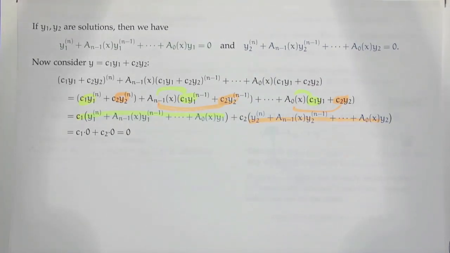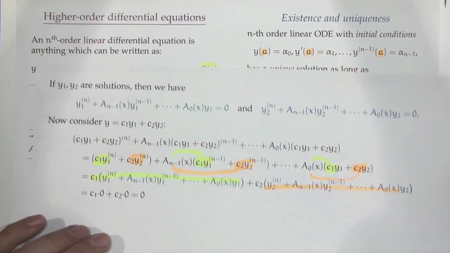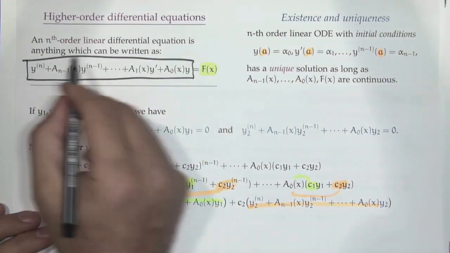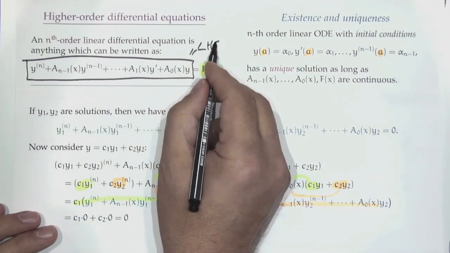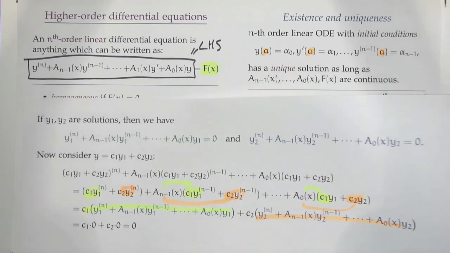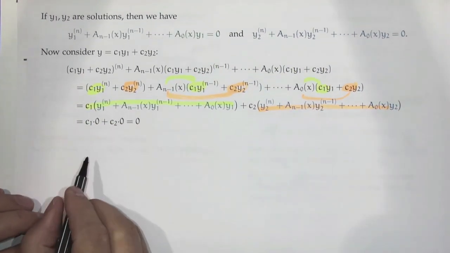Now, here's another way to think about the process. Let's suppose for a second, let's call this part right here the left-hand side. You give me a function y, I can throw it into that left-hand side and see what comes out. So here's the punchline.